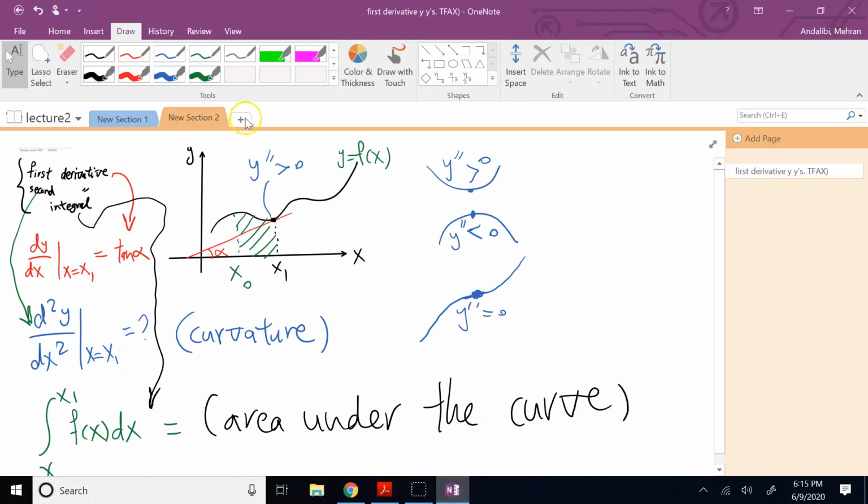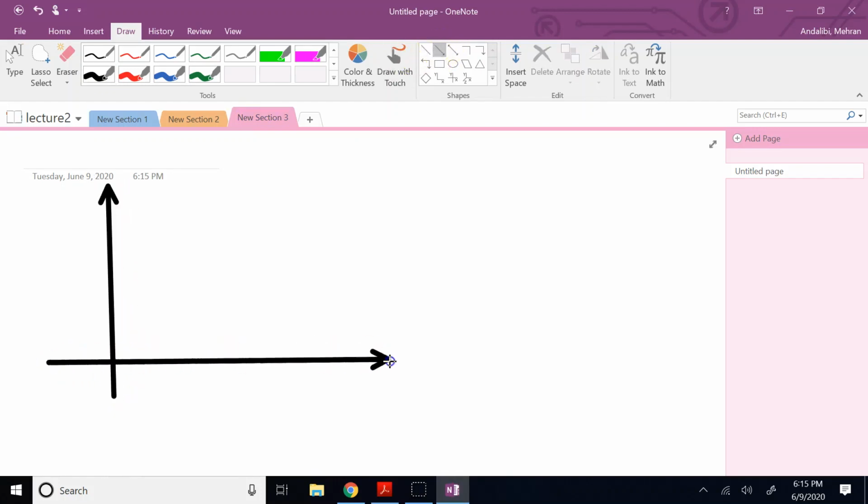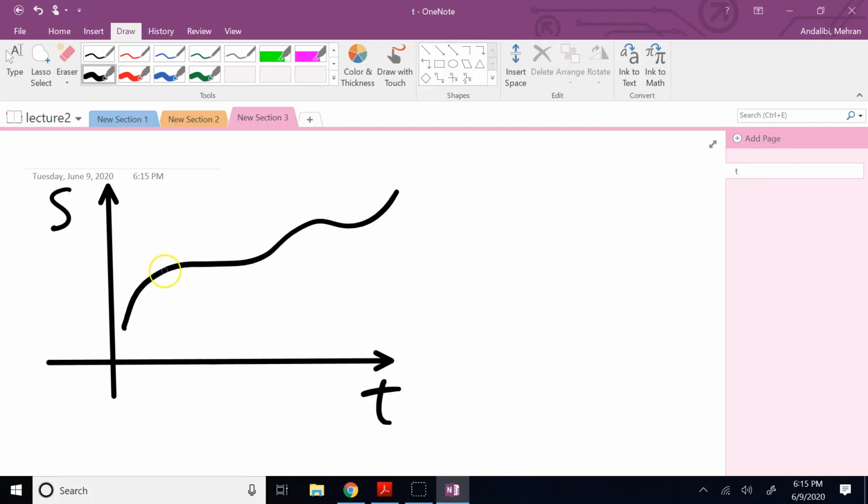So instead of that, I have a curve like this. This is s versus t, and it's an arbitrary graph. And this is point t1 and s1. And this is point t2 and s2.